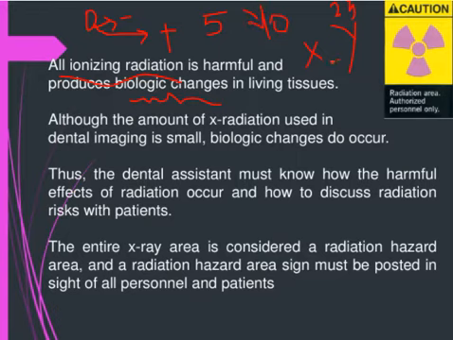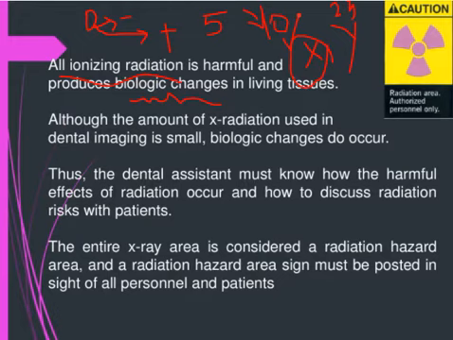So person X, who is working in a dental clinic which does not practice radiation safety and protection, is at risk of, or has developed, harmful changes in their tissues.